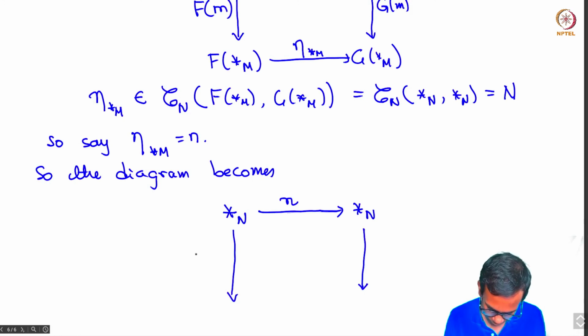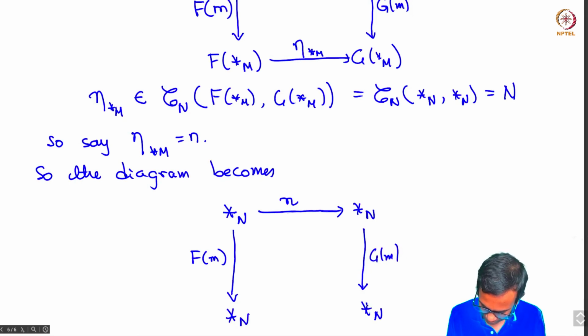Here we have f(m), which is also an element of n, we have g(m), which is also an element of n, and here again we have star n and n.